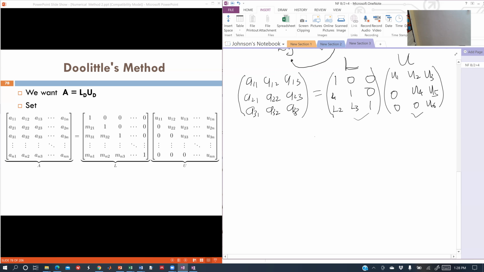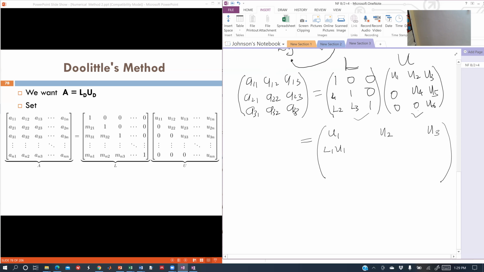So let's see how the multiplication can be done. Matrix multiplication, everybody is clear with that. Row 1 times column 1 will give me U1. Row 1 times column 2 will give me U2. Row 1 times column 3 will give me U3. Then row 2 times column 1 will give me L1 U1.